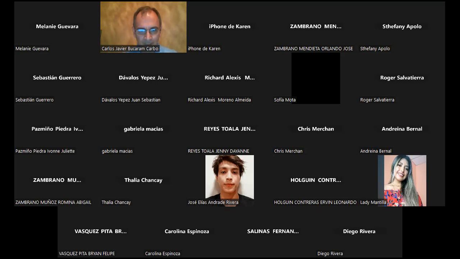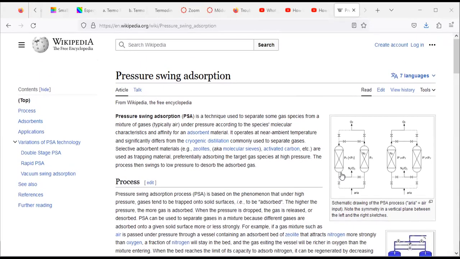Okay. Voy a compartir esto de pressure swing absorption. Vamos a ver dónde está esto. Aquí está. Muy bien.